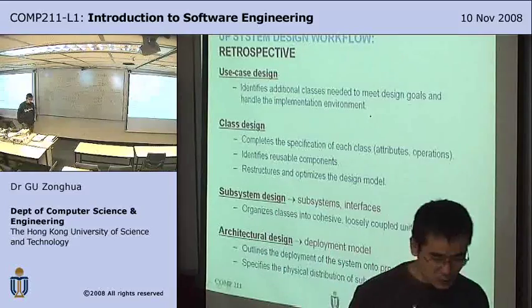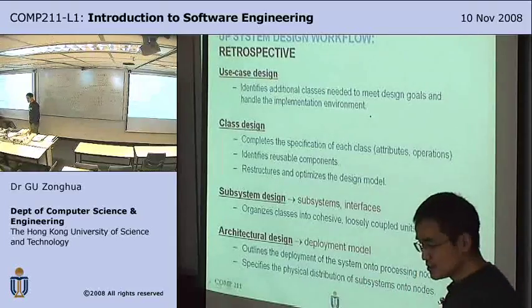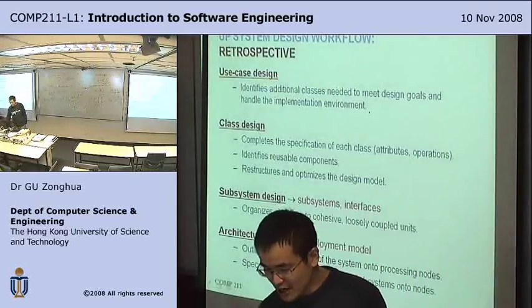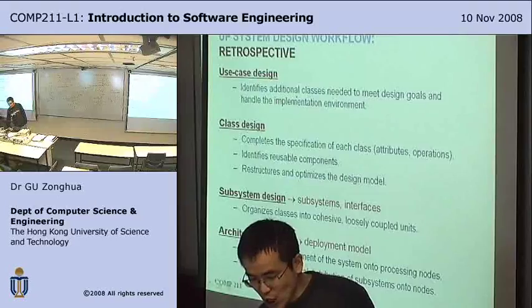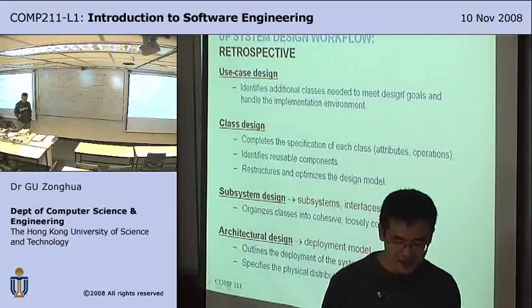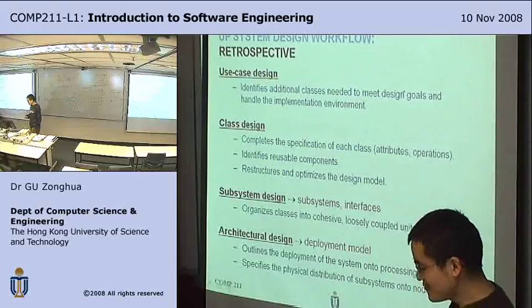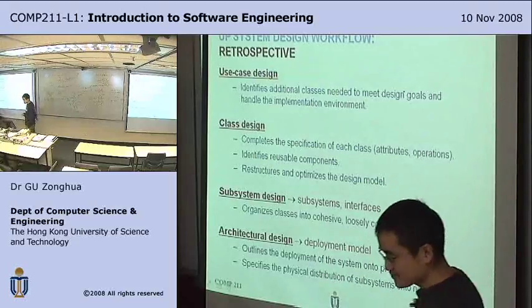So system design, we have finished this chapter. Now retrospective. Use case design identifies additional classes needed to meet design goals and handle the implementation environment. We discussed use case design before in the requirement stage.